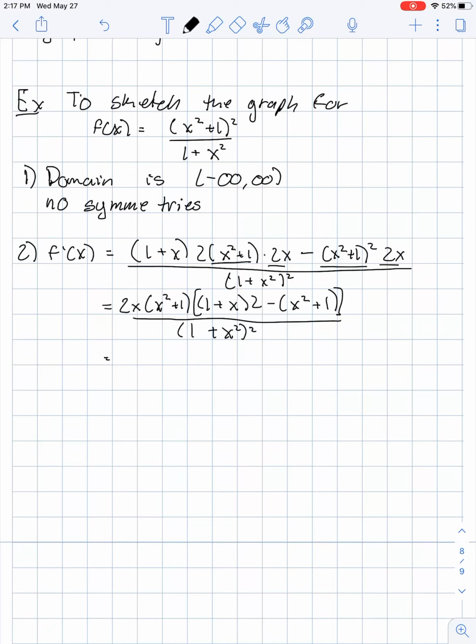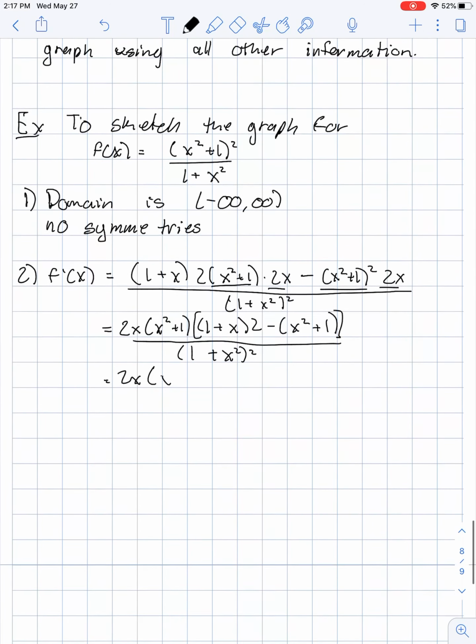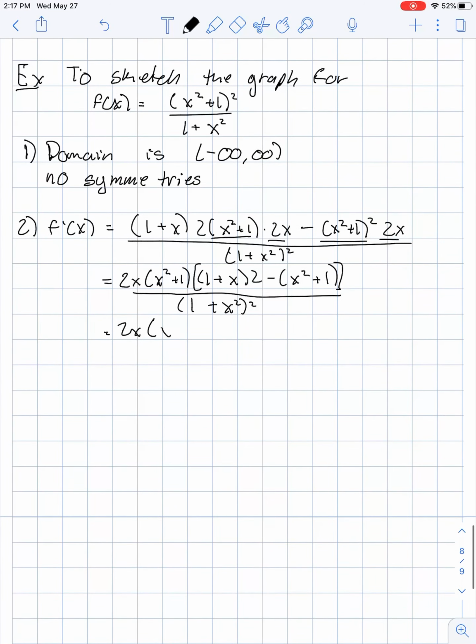I forgot that. There we go. So 2x, x squared plus 1. So what's this inside going to get me? Negative x squared plus 2x plus 1 minus 1. So there we go.